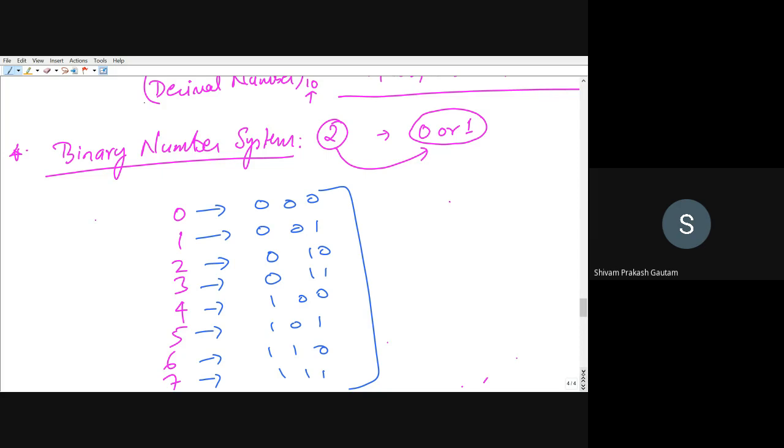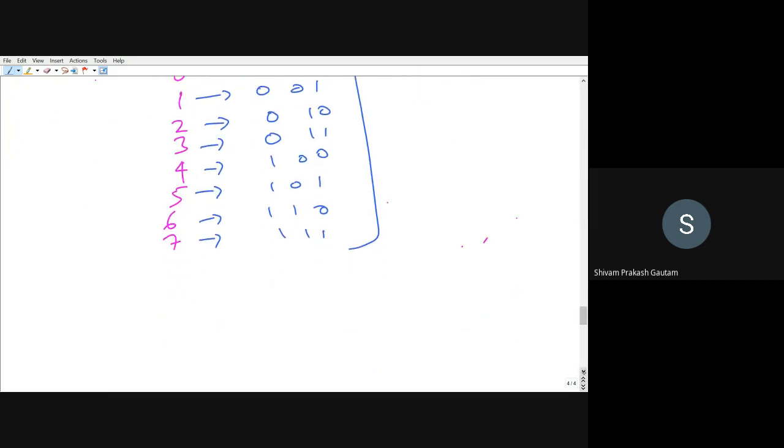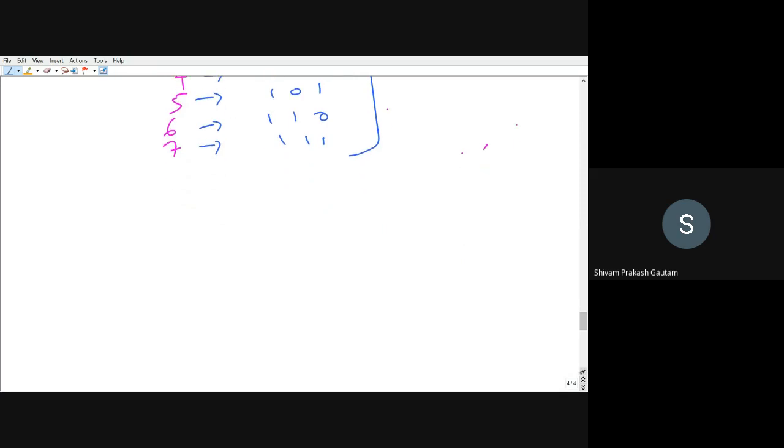Now, like we have bifurcated our decimal number system, a similar thing will be there for the binary number system as well. I hope you know how we bifurcated, we covered it just a few moments ago. So let me write a binary number like this with base 2, right?